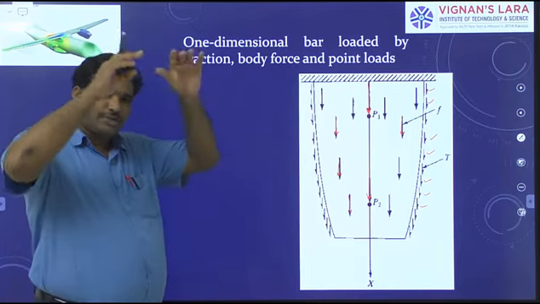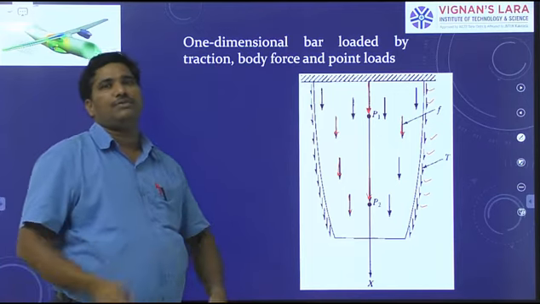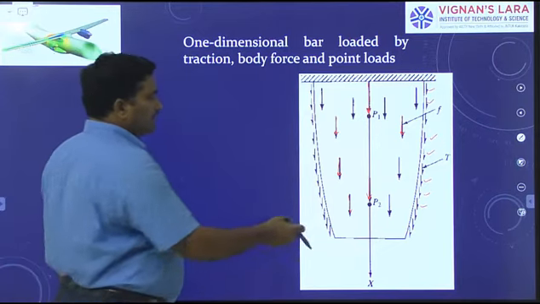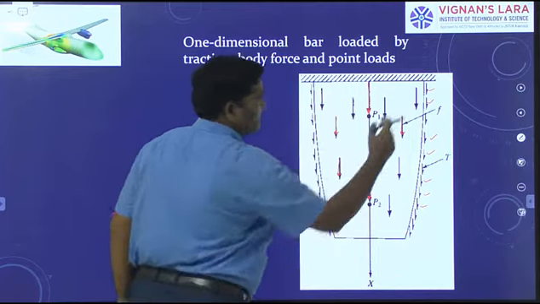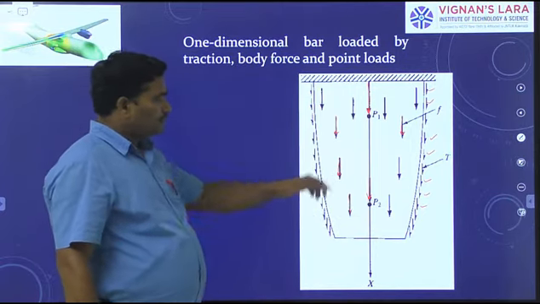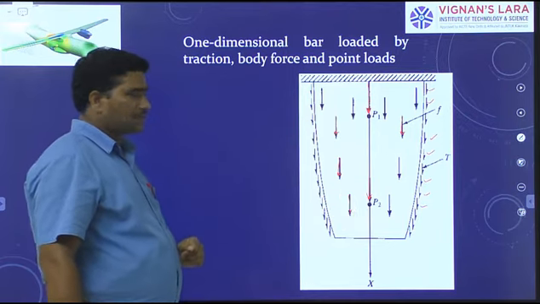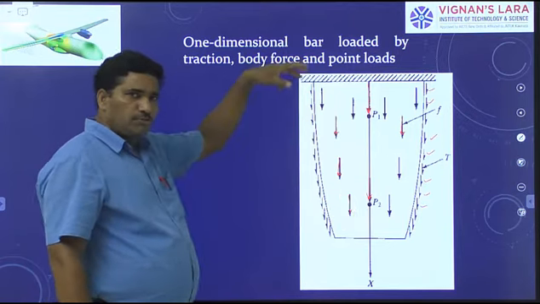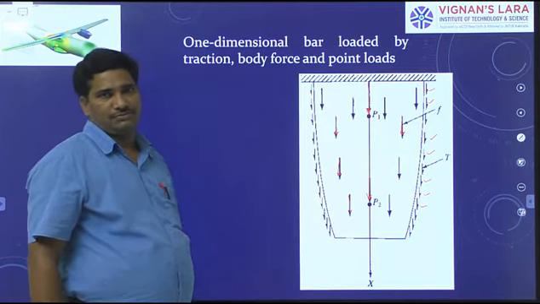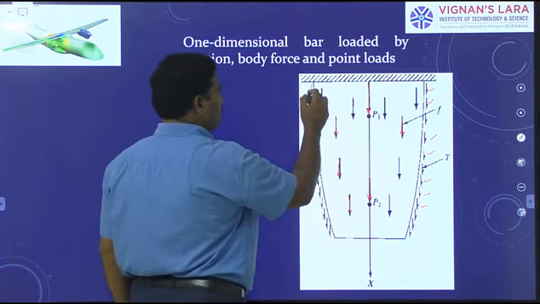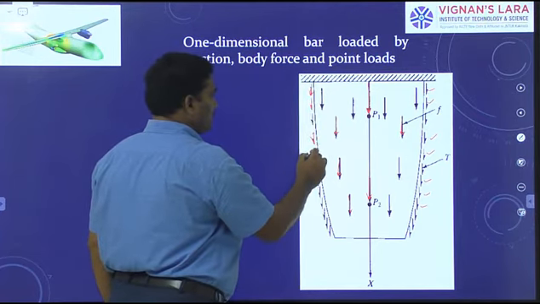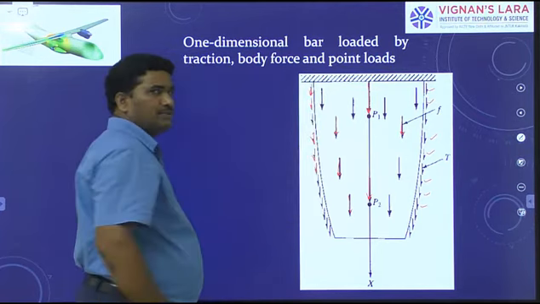Okay, the force distributed on the entire volume of the object is the body force, that is the weight of this object. Okay, so here we have the concentrated forces acting at several points, the body force, and also the traction. Traction is applied on the surface of the object.